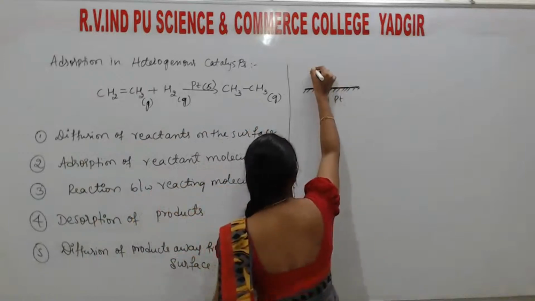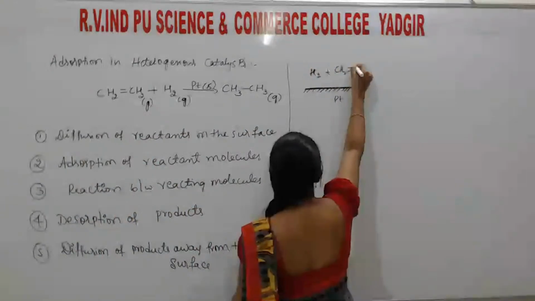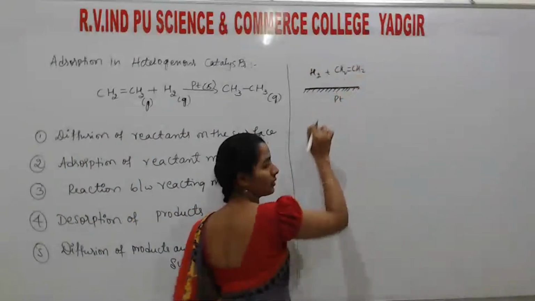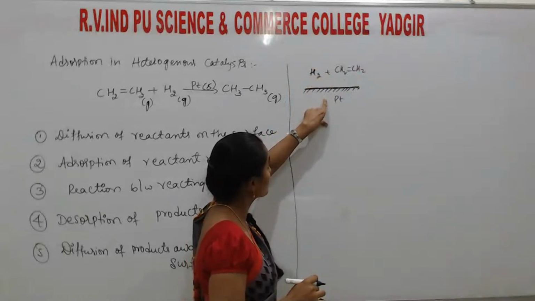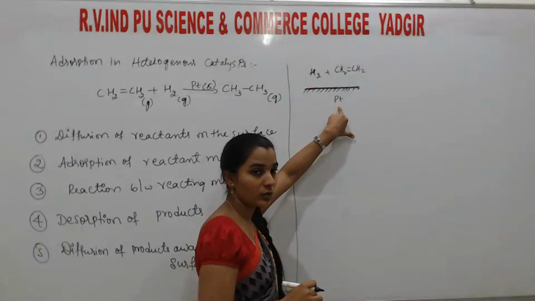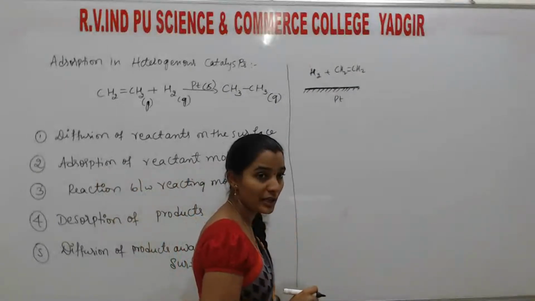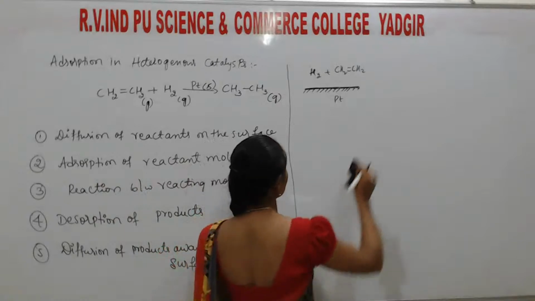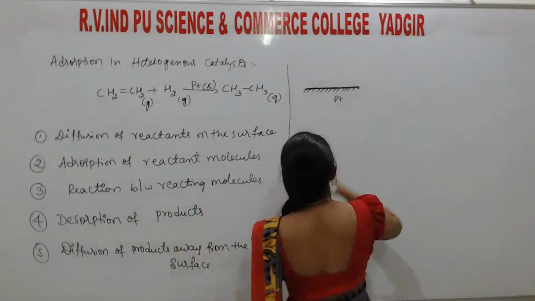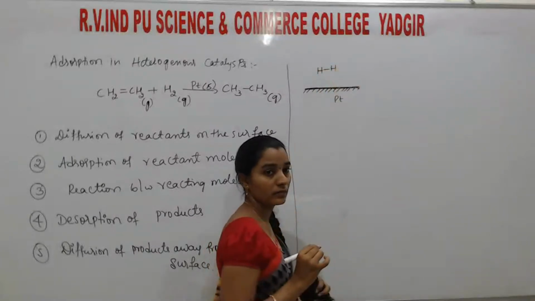Here H2 and the ethene molecule come closer. They diffuse near this platinum. Then what happens? Adsorption of reactant molecules takes place. Initially, assume hydrogen is there, like this.